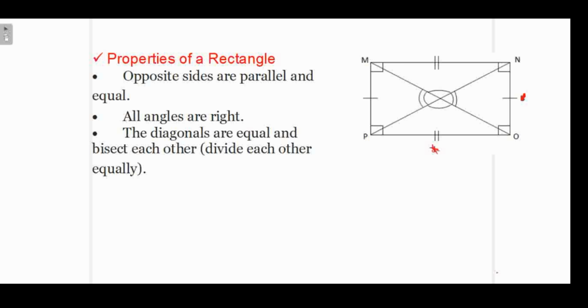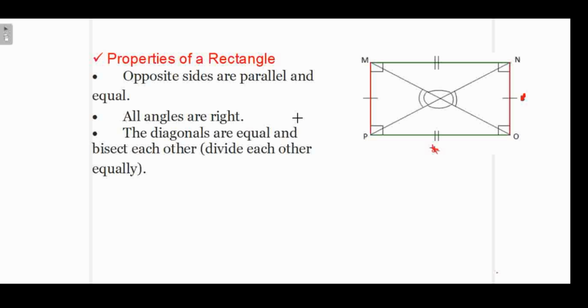If I want to, for example, mark them in green, this is the first pair of opposite sides, and of course we have another pair, MP and NO. This is the second pair of opposite sides. So two pairs, MN and PO, and the second pair MP and NO. They should be parallel and equal.